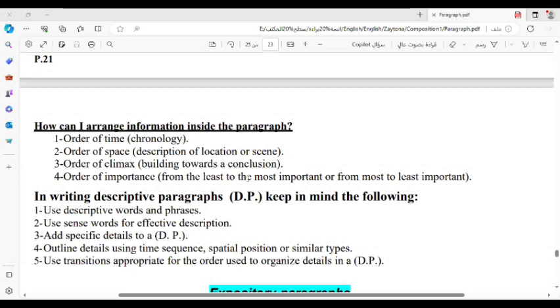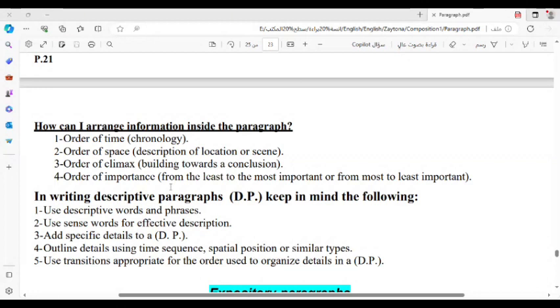Order of climax is when, for example, going step by step in order to reach a conclusion of something. Maybe here we are talking about a situation or an event that happened before. You need to explain or describe it, so you need to go step by step to reach the conclusion.